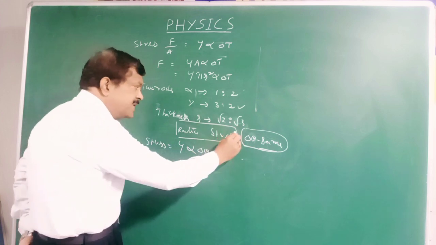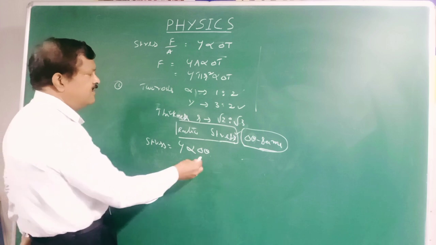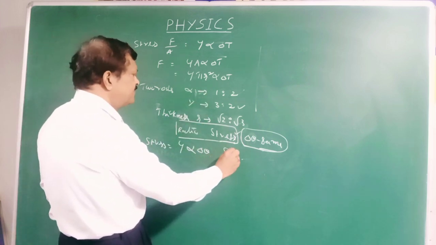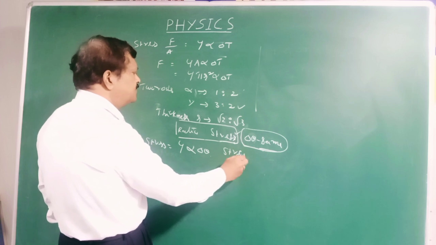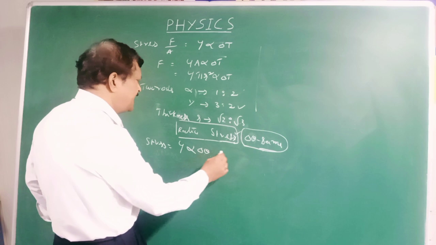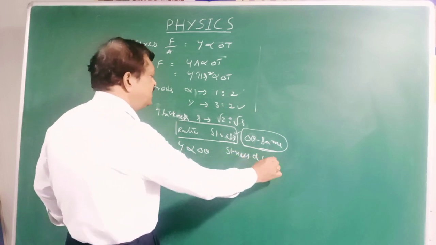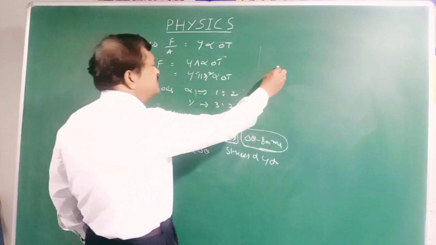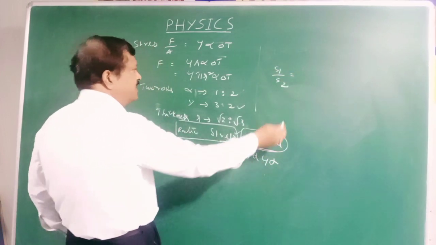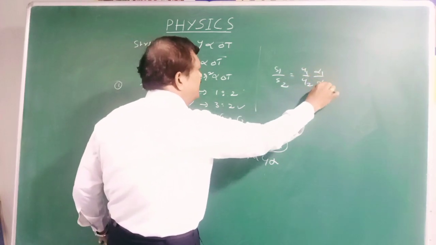So if the ratio of thermal stress is to be calculated, then from this equation, corresponding to the same change of temperature, delta theta is the same, or we can say the stress is proportional to Y into alpha. Therefore, stress in the first one by stress in the second one is Y1 by Y2 into alpha 1 by alpha 2.